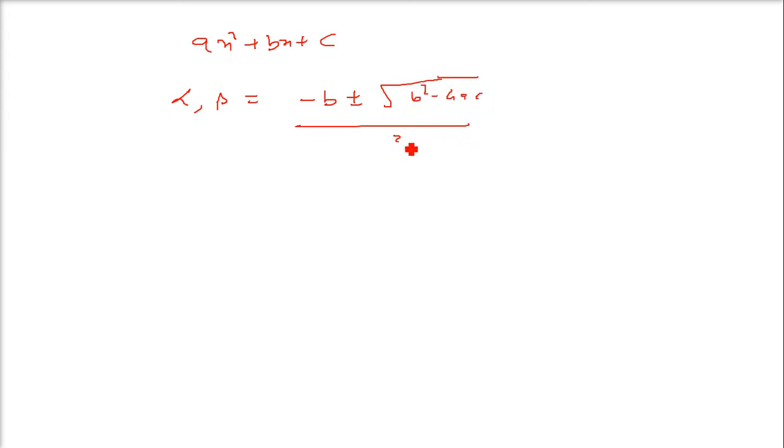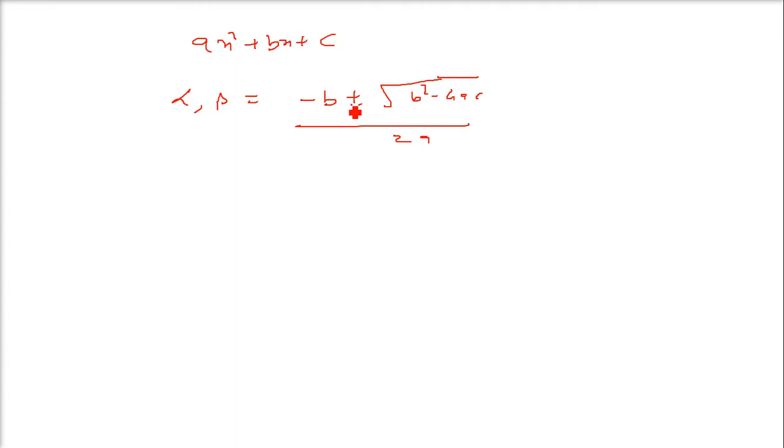Now coming to the quadratic equation with complex coefficients. We already know that we have an equation like ax square plus bx plus c. Alpha and beta are minus b plus minus under root b square minus 4ac, by 2a. Alpha is if you take the plus sign, beta is if you take the negative sign.